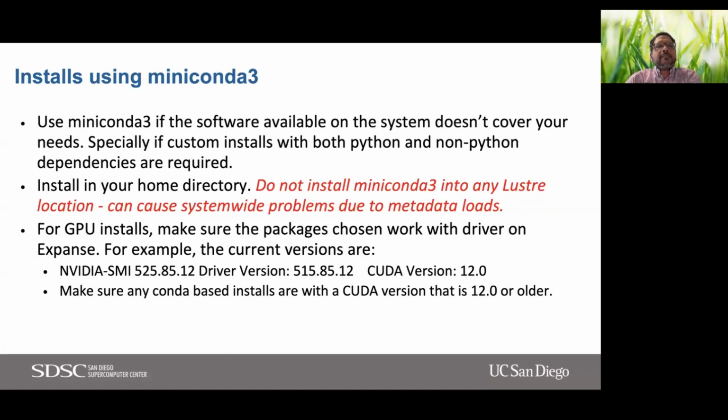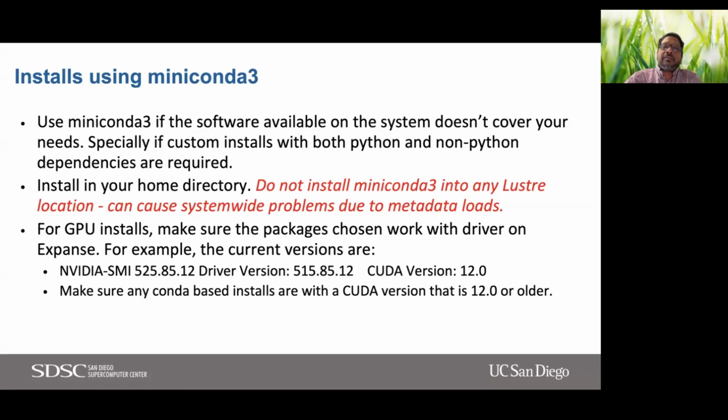So, installs using Miniconda. If what we have in our modules doesn't cover your needs, you can go the Miniconda route, especially if it's custom installs with both Python and non-Python dependencies. The key is to install this in your home directory. Don't install Miniconda into Lustre.